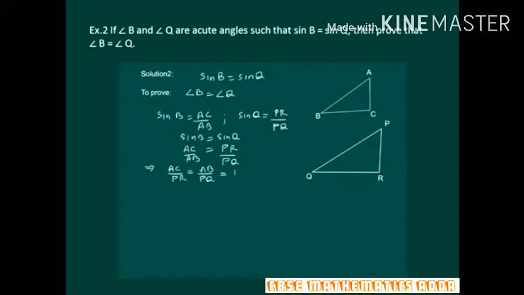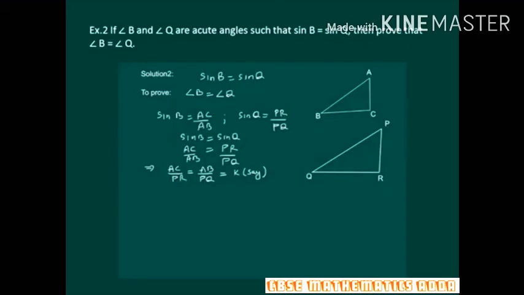From the ratio we obtain this, and suppose this ratio equals k. Now from the triangle ABC and from the triangle PQR, we will obtain BC and the AB.